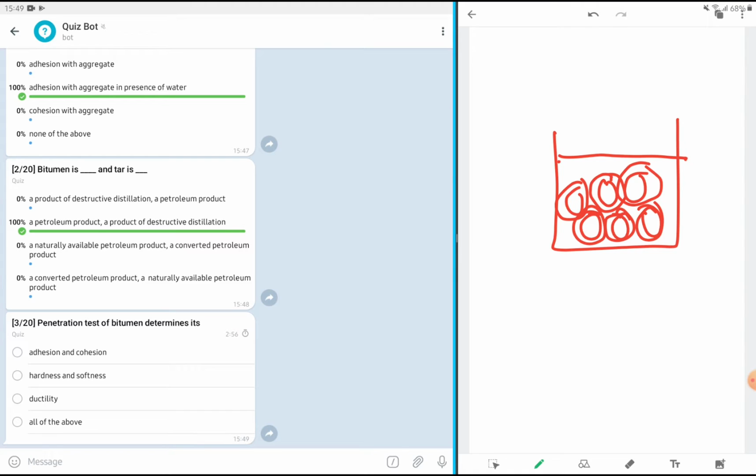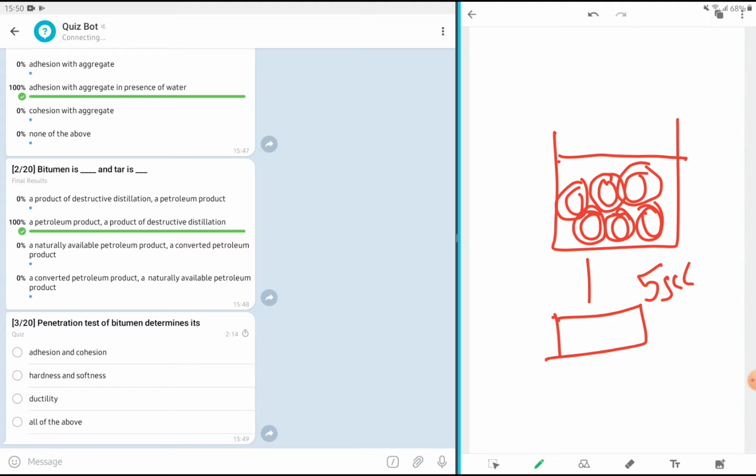Then, penetration test of bitumen determines its what? See, in the penetration test, we take a bitumen sample over which a needle weighing 100 gram is kept. The needle is released over that bitumen sample for 5 seconds, and the penetration value is reported in units of 1/10 of a millimeter. Now if in 5 seconds the penetration of that 100 gram needle is more, we can say the bitumen is soft.